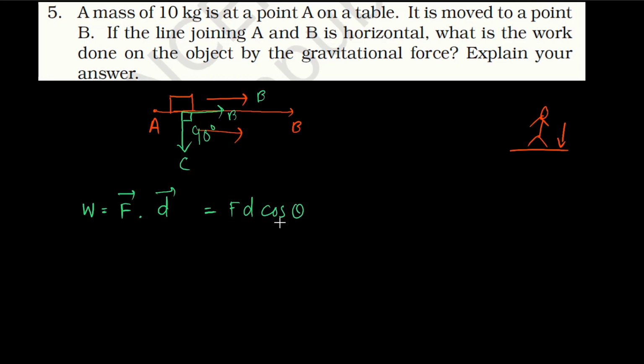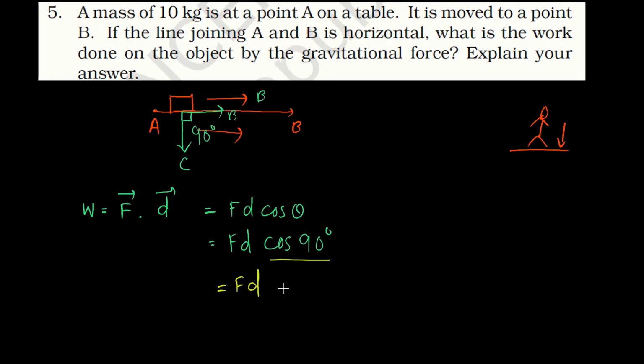This belongs to the trigonometry part. Now, what is the angle between force, which is towards C, and B, the displacement? It is 90 degrees. That is F D cos 90 degrees. Now what do we have to check? The value of cos 90 degrees.